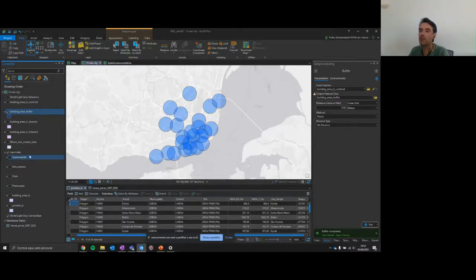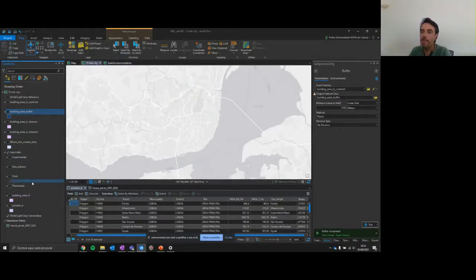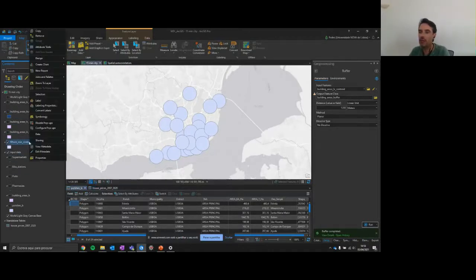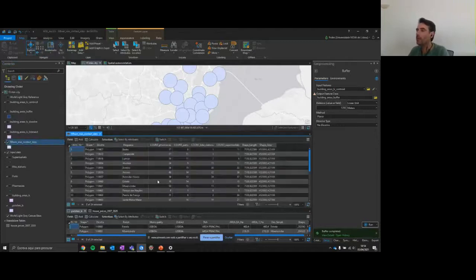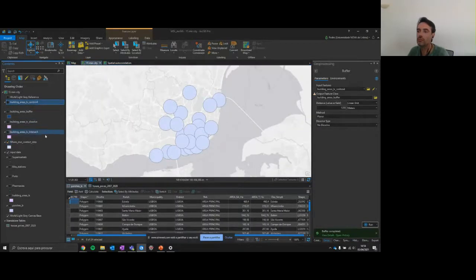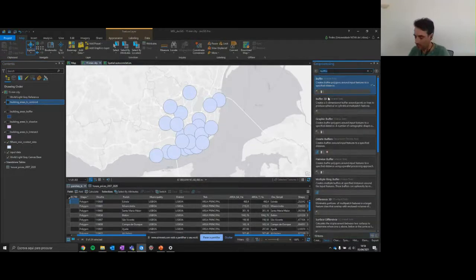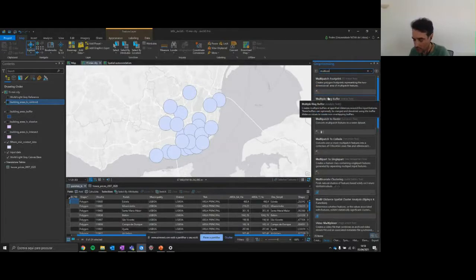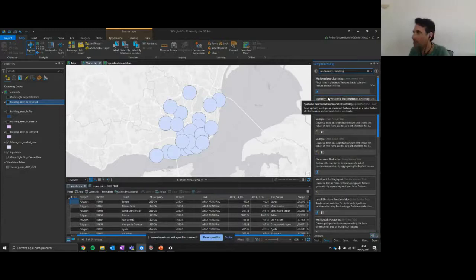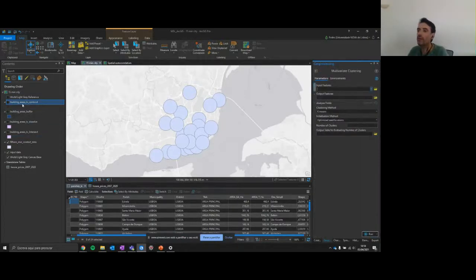I already have this data pre-processed here, where for each one of these 15-minute areas corresponding to each parish, I have the count of pharmacies, the count of parks, the count of bike stations, and the count of supermarkets. So I will run here a k-means analysis to create some clusters regarding these variables.